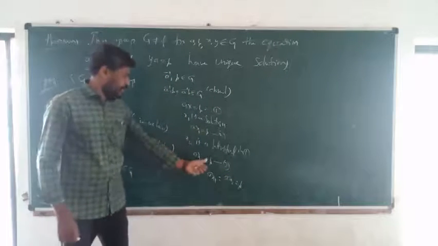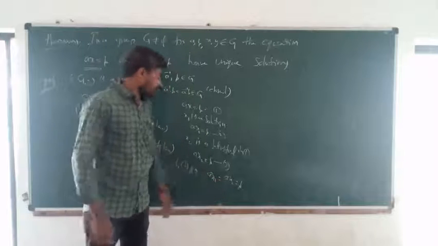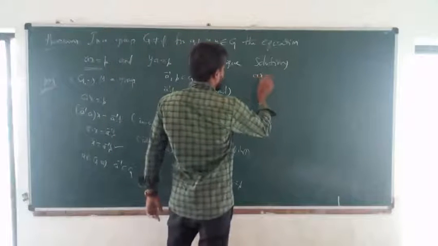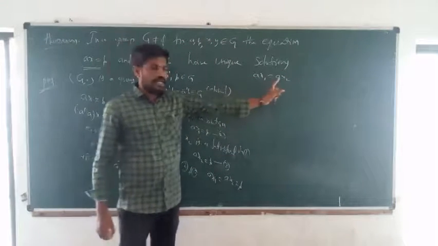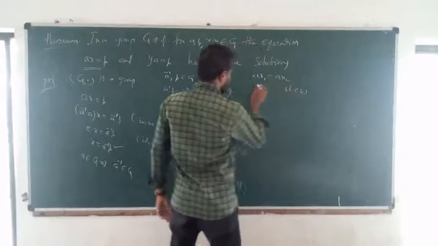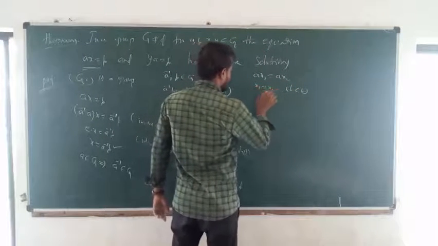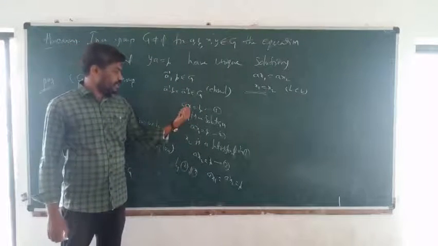So next, ax1 is equal to ax2. This is a on the left side on both sides. You can apply the left translation, so x1 equal to x2.